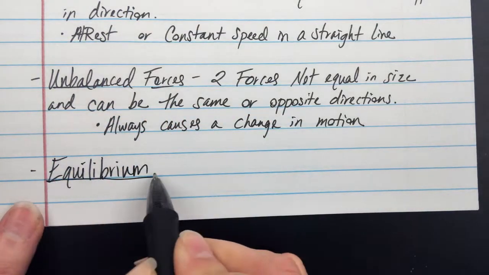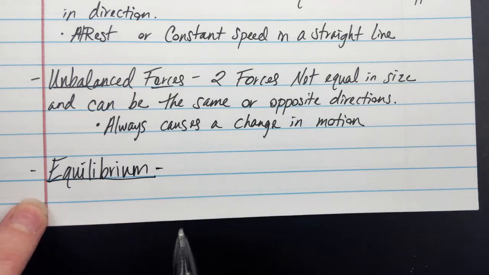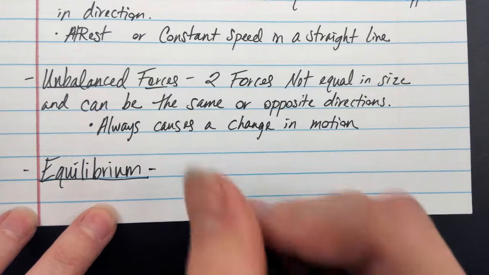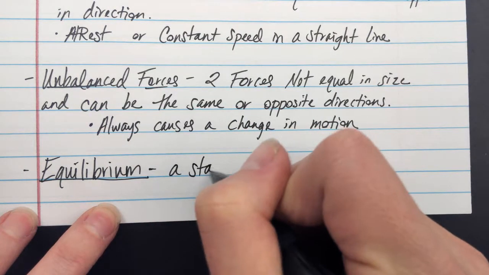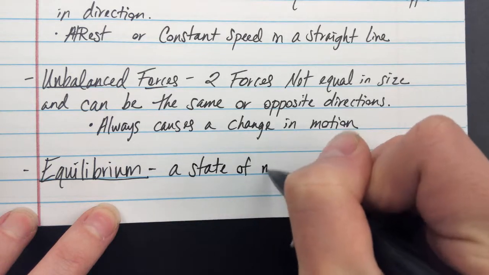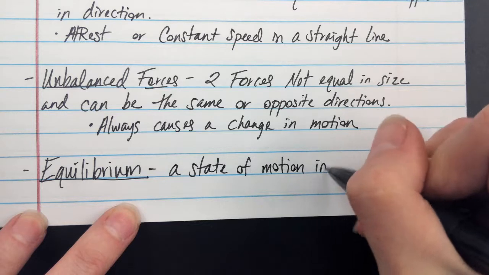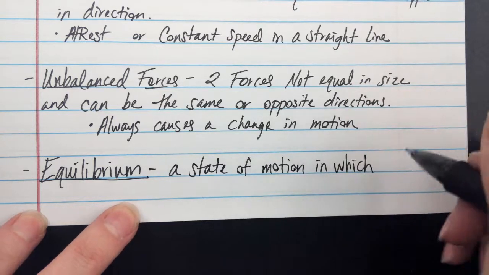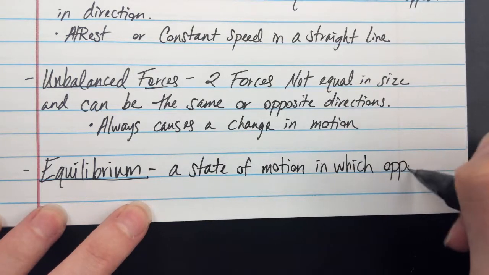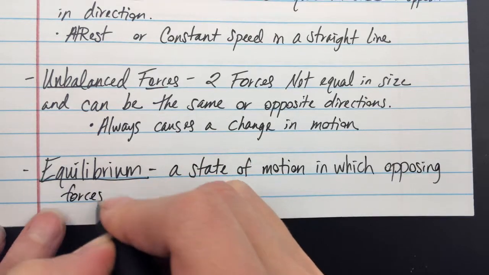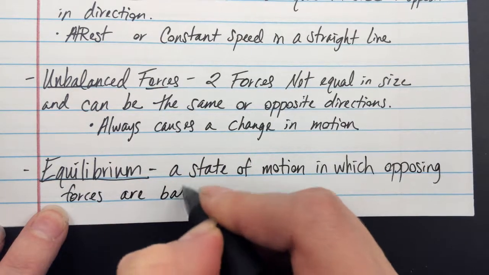One more word. Can you say this word? Equilibrium. I think of it as math equal sign. Yeah, it can be. You're right. A state of motion in which opposing forces are balanced.